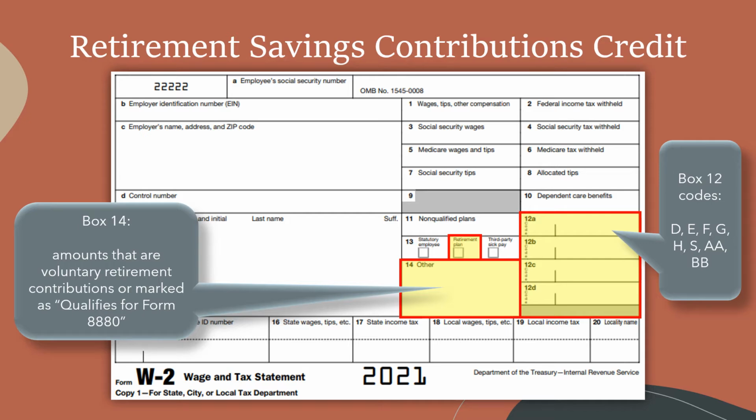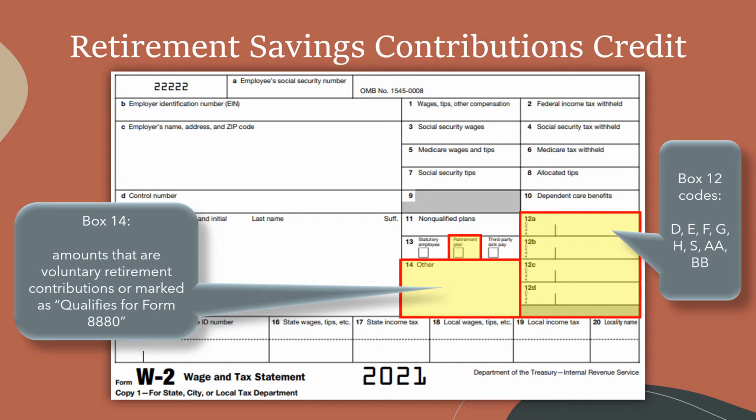Remember, our box 12 has a bunch of different codes that refer to different types of items that have some sort of a tax consequence. So if you see in box 12 a code D, E, F, G, H, S, AA, or BB, these are codes that tell you that the taxpayer has put away some money into some sort of a qualified contribution plan.